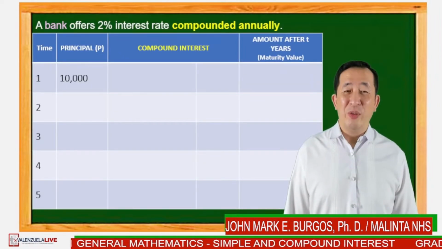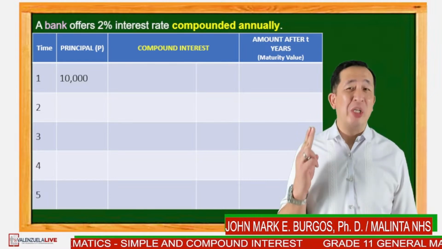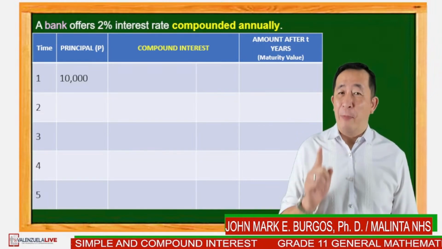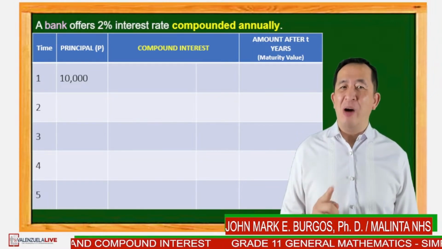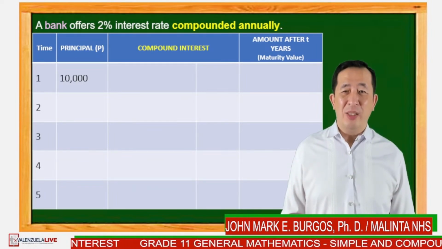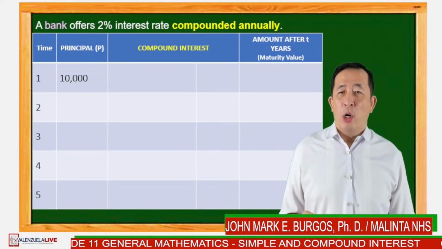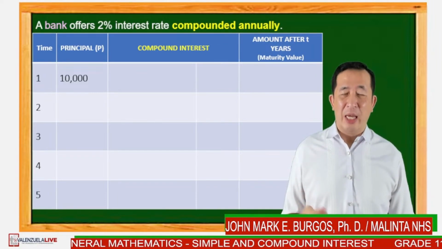Let's proceed to the second option. A bank offers 2% interest rate, but this time it is compounded annually. So how can we get the compound interest? In time 1, we start with the principal 10,000.